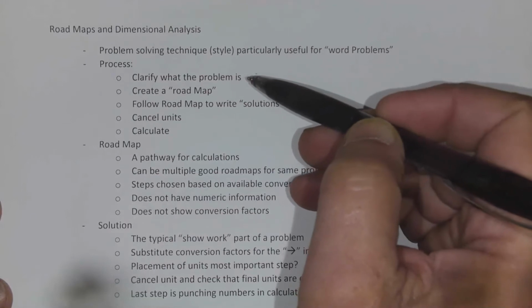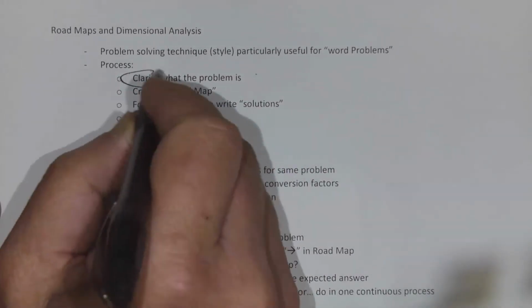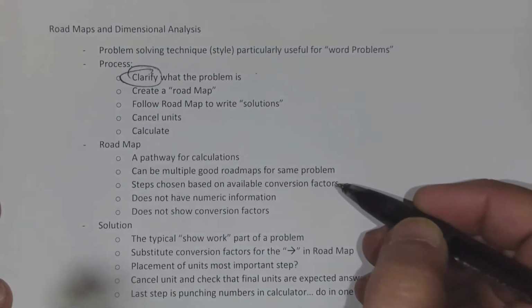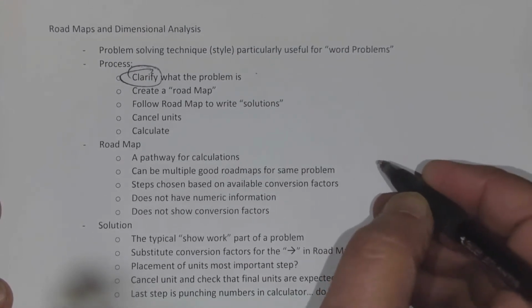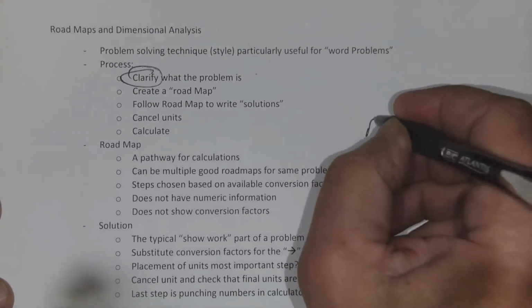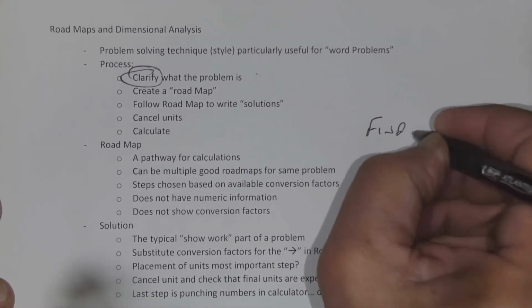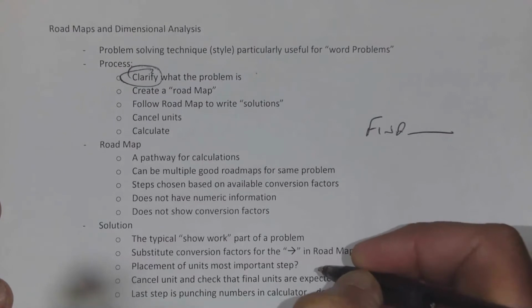So my thought here is this clarification stuff: if you're taking a test, actually circle what it is you're trying to figure out, or write the word "find" off in the margin and then say whatever it is you're trying to find, but really clarify to yourself what it is you need to do.